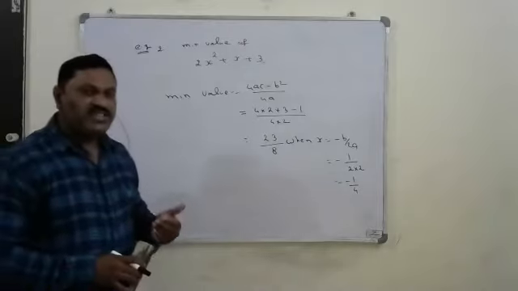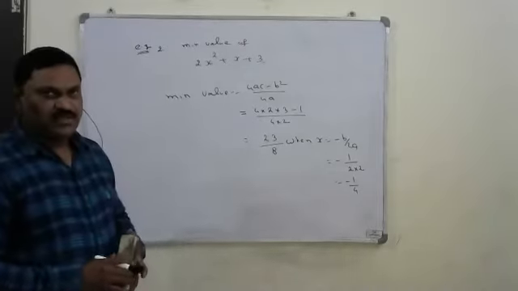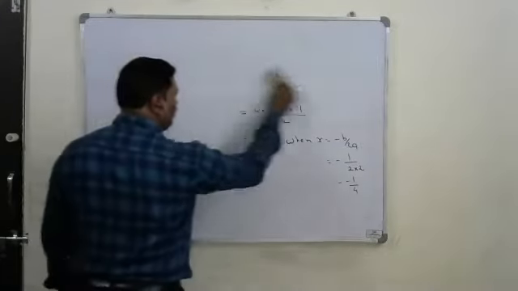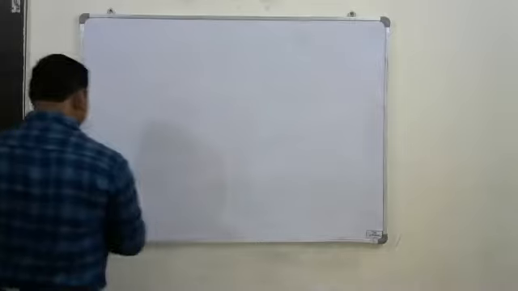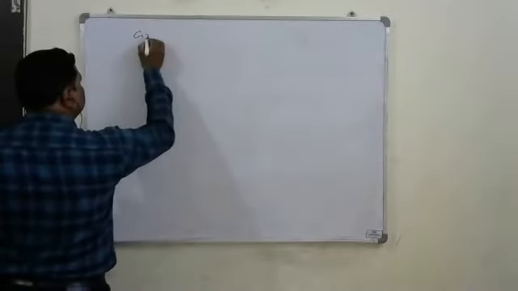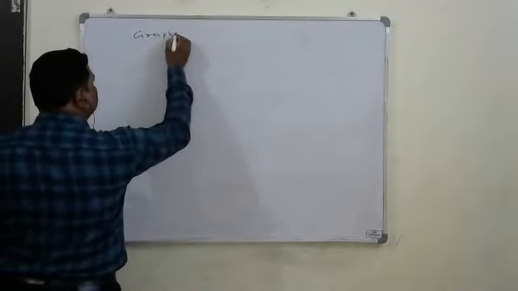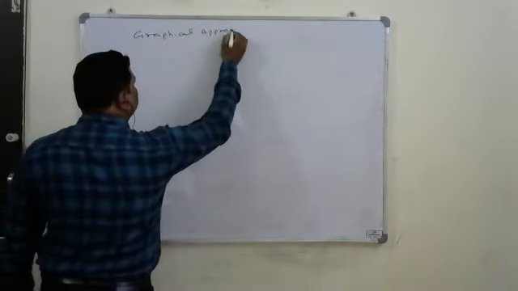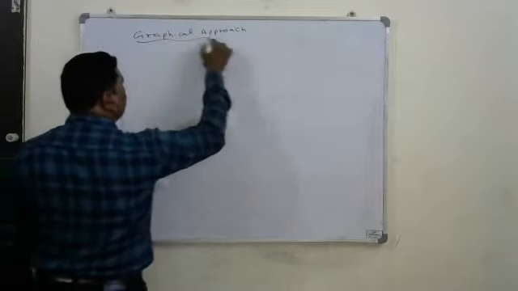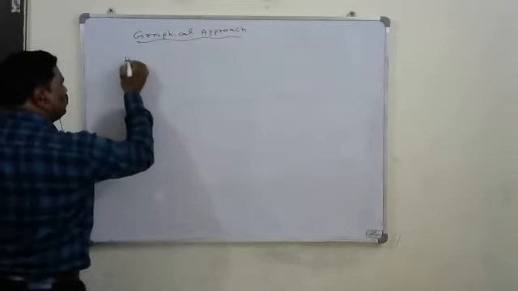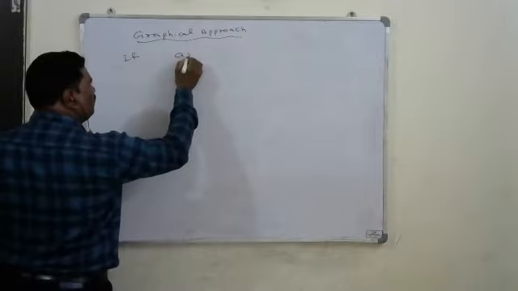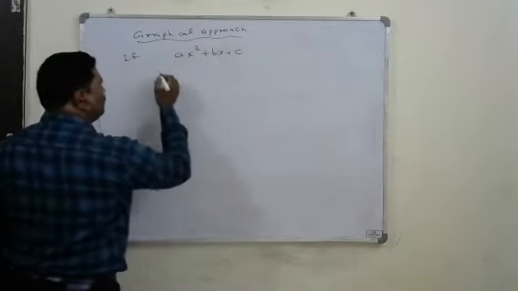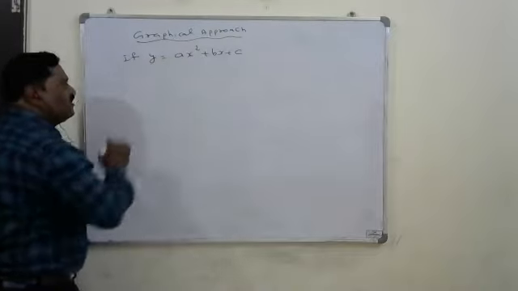Now, we will go for the graphical approach of this. So, how will the graph be for it? Suppose the quadratic expression, that is ax square plus bx plus c, I will take that equal to y.